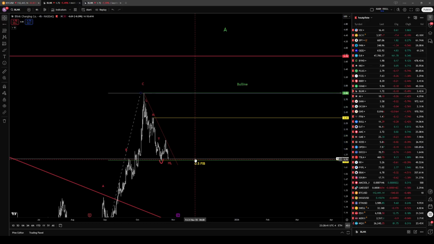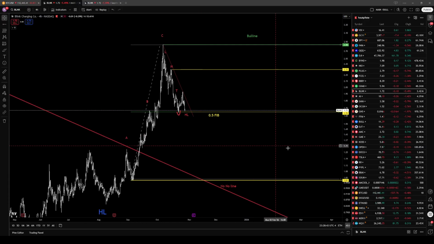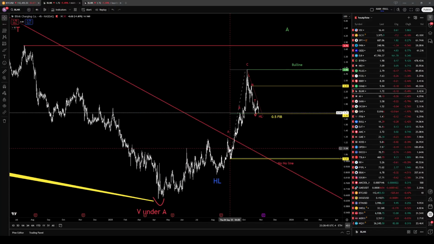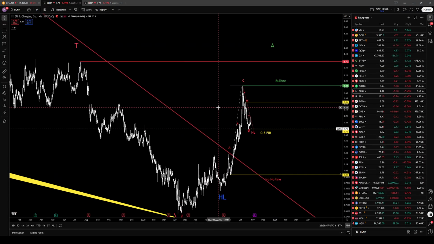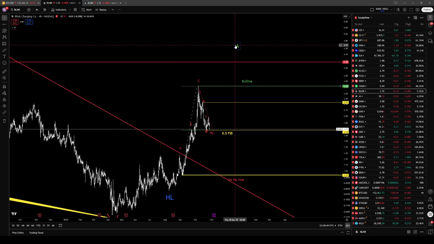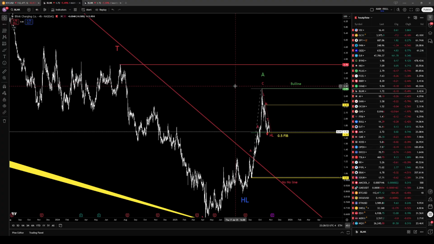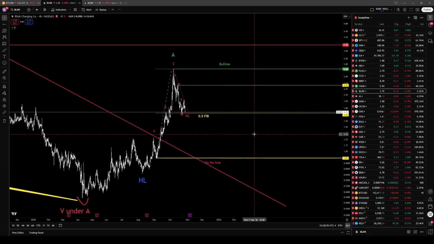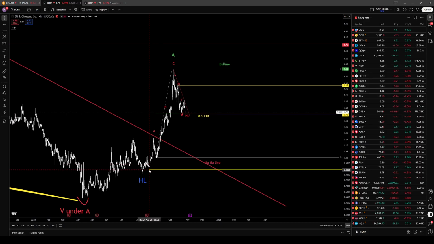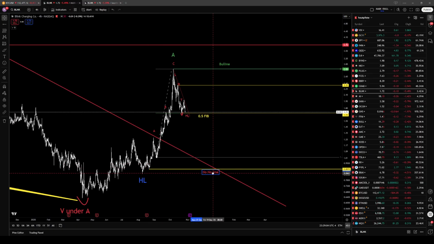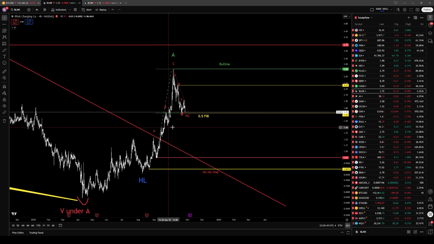If not, I would really imagine that this was already your A peak. It is under the trend line, but okay. And the alternative would be this. The no line would be here, and here is your V under A, the little one.